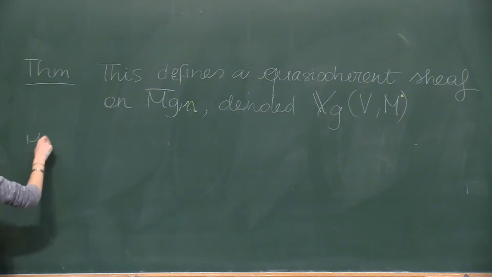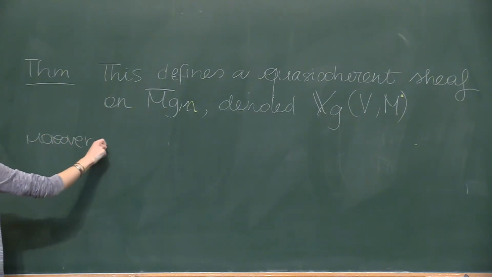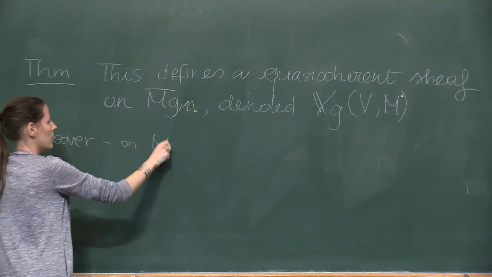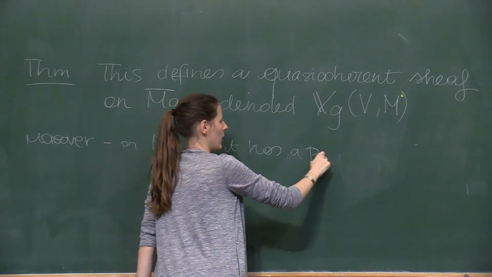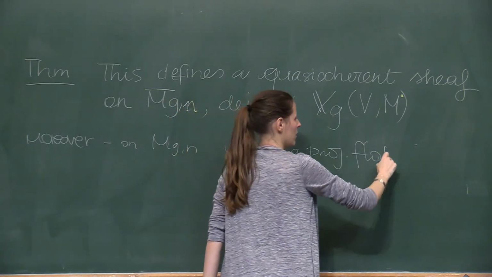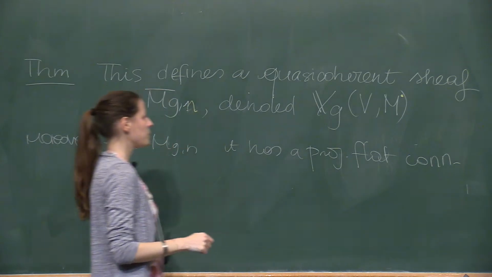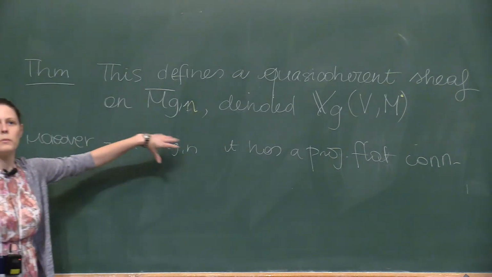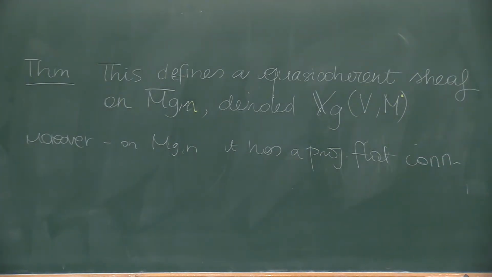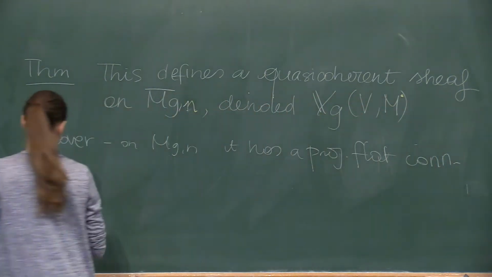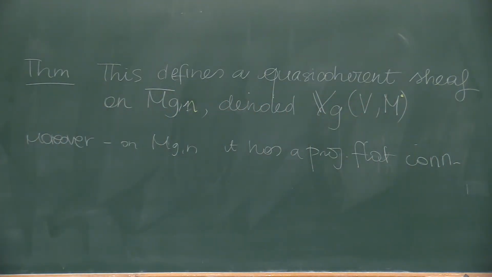So we know that on M_{g,n}, it has a projectively flat connection. This is something that Frenkel and Ben-Zvi already noticed. They assume the condition that we're integrally graded, but we can drop that assumption. At the boundary, you might have some problems, and it doesn't extend to the boundary.